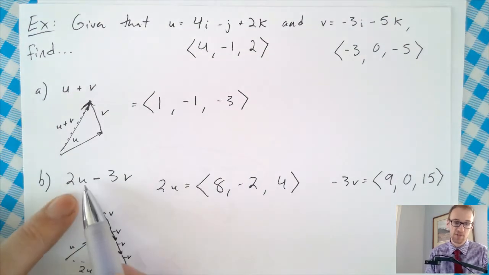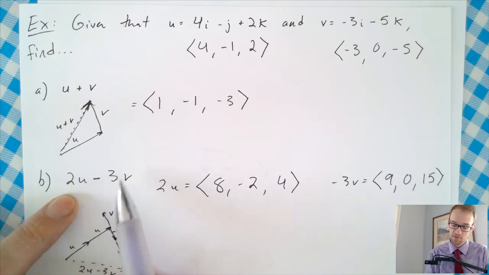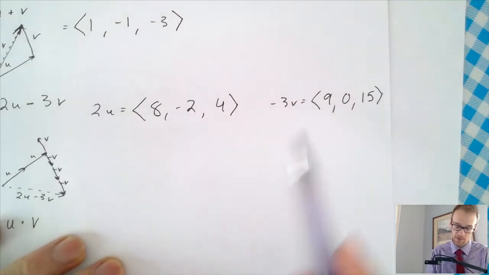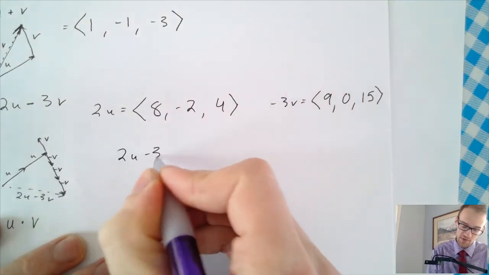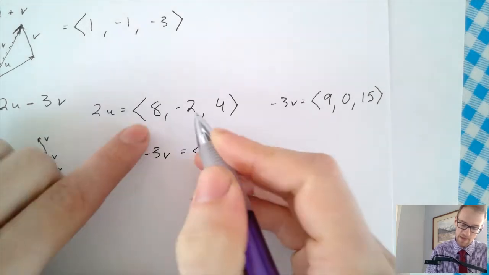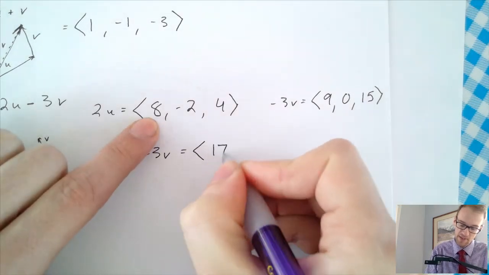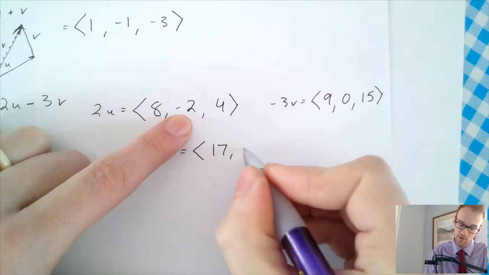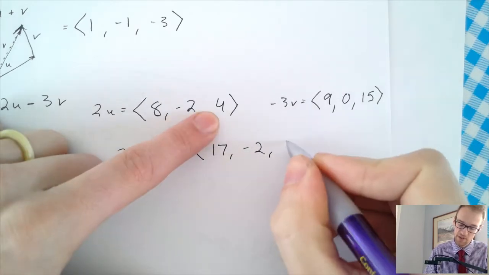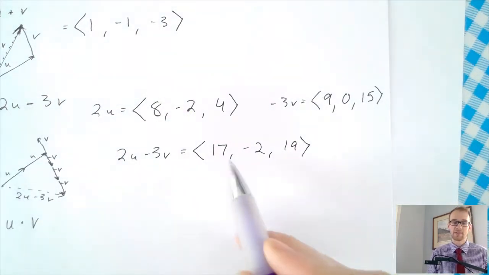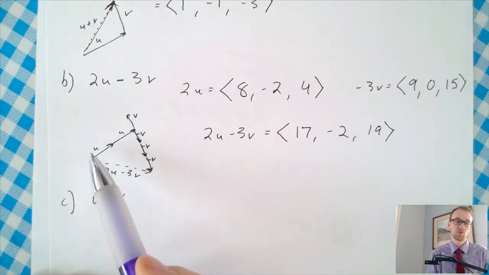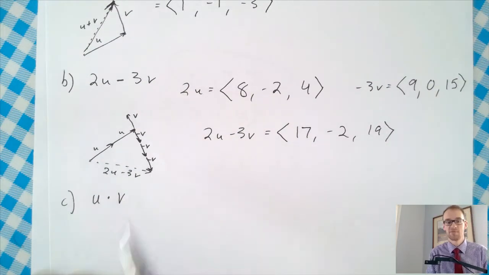And so now I just need to take 2u, add it to -3v. I just add these 2 vectors together. So 2u minus 3v will give me 8 plus 9, 17, -2 plus 0, 4 plus 15, 19. So that's that resulting vector that we get when we travel 2 u's and then -3 v's. That's that vector that we get.